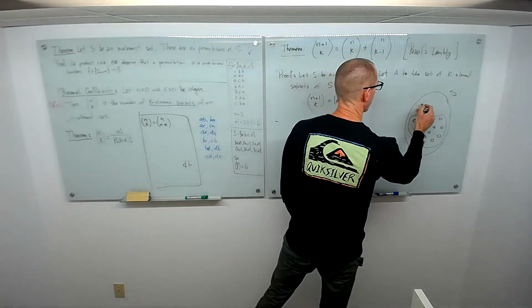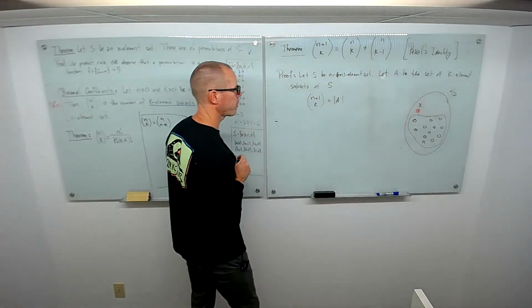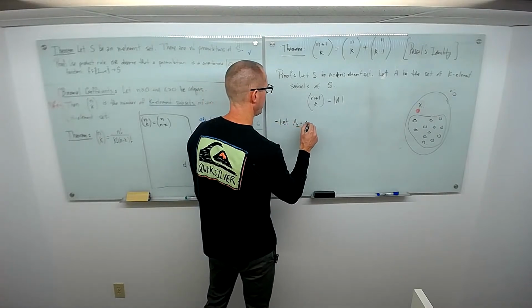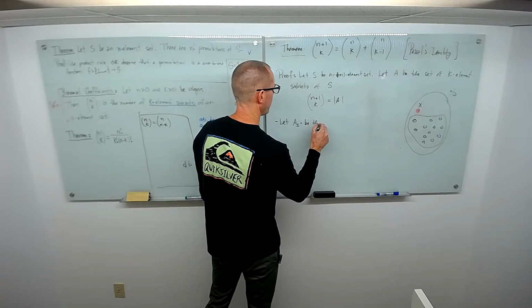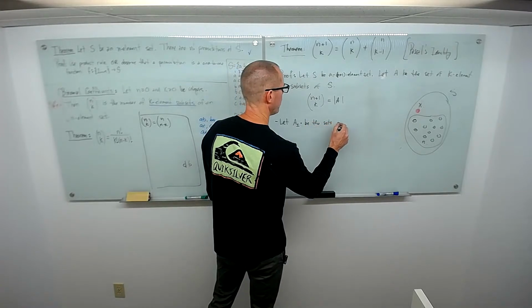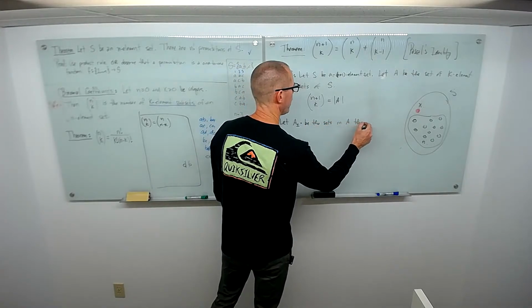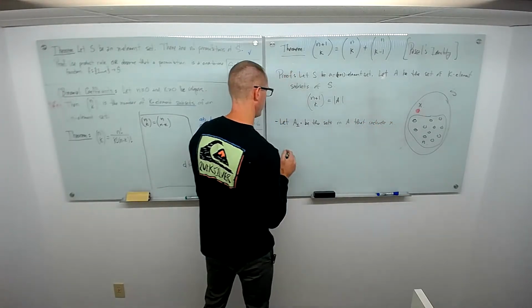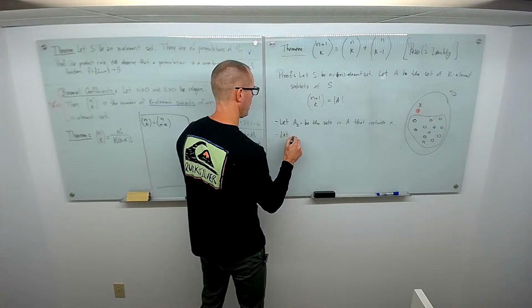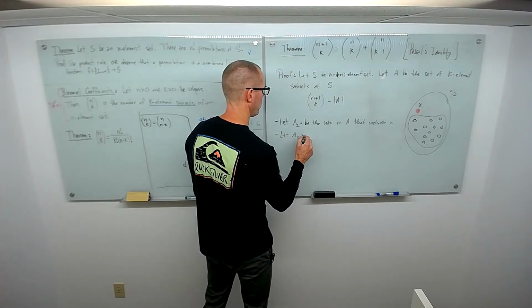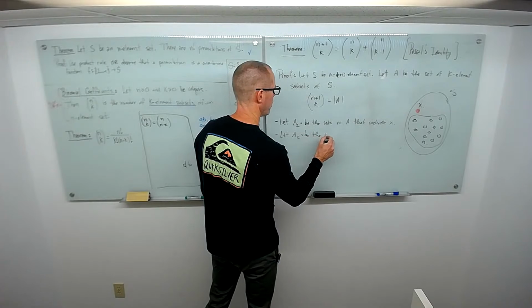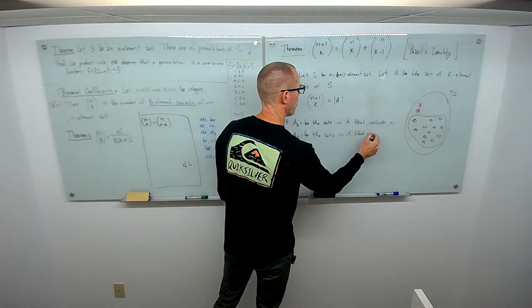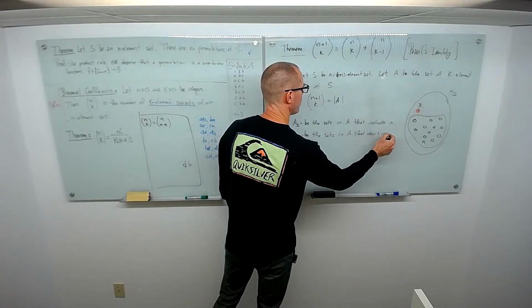Let's call this special element X. Let A1 be the sets in A that include X, and let A2 be the sets in A that don't include X.